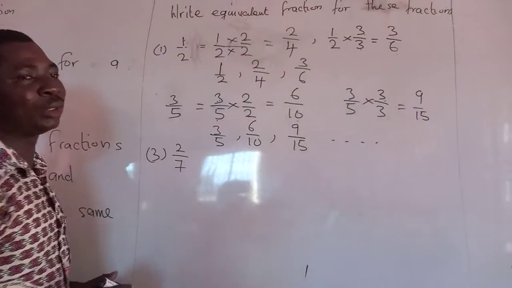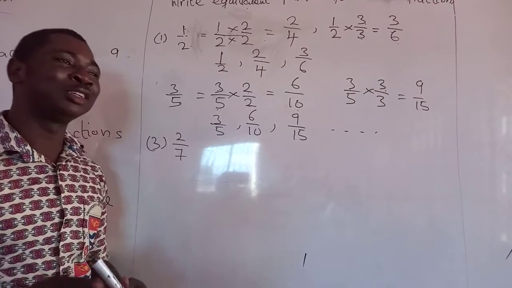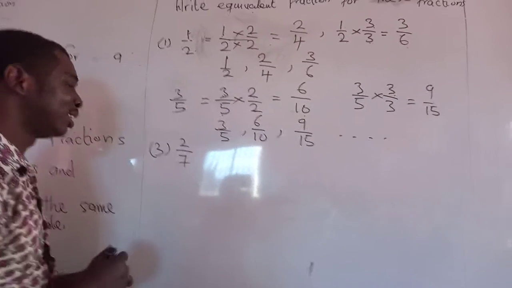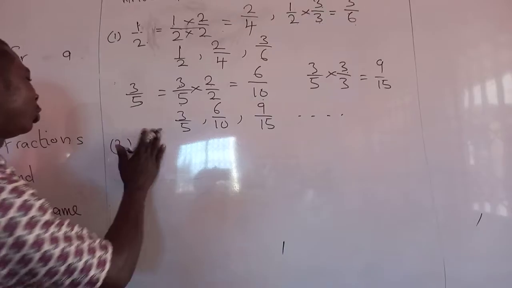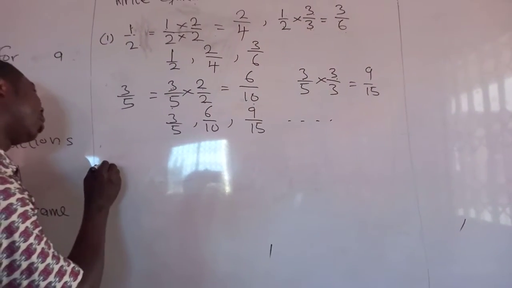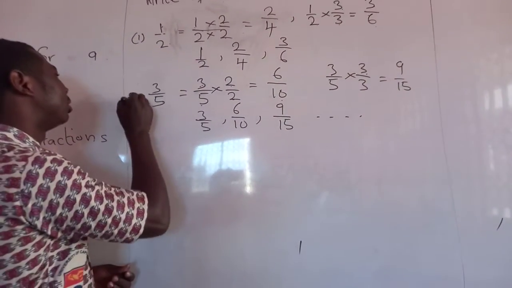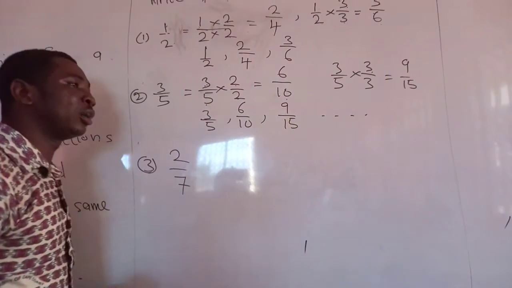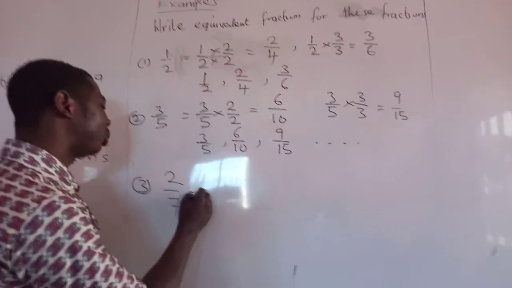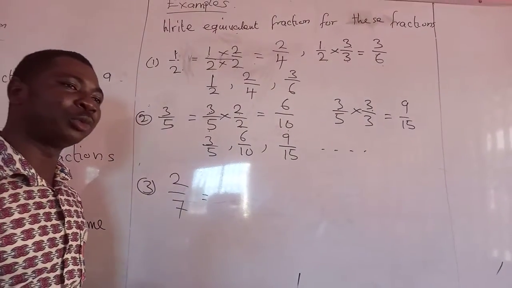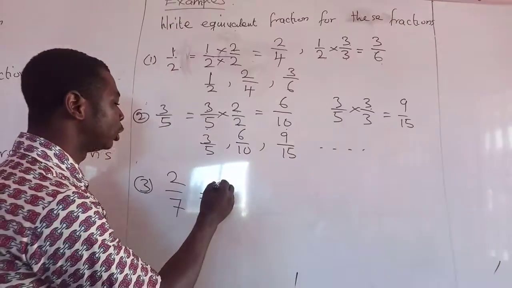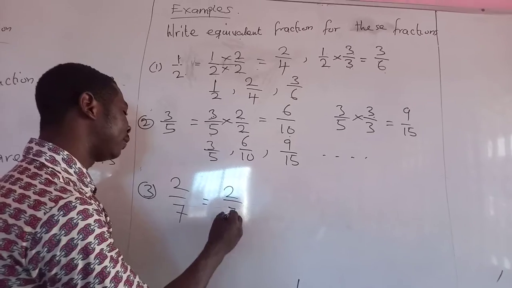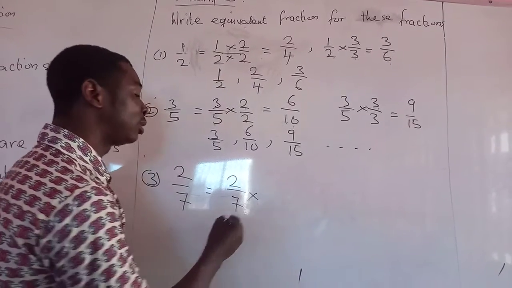Let's finish this one quickly, the last example, so that you also solve some questions for me. The last example, that is example 3: 2 out of 7. If you don't mind, pause the video and do it for me. But let's do it together. So 2 out of 7, you can use 3.